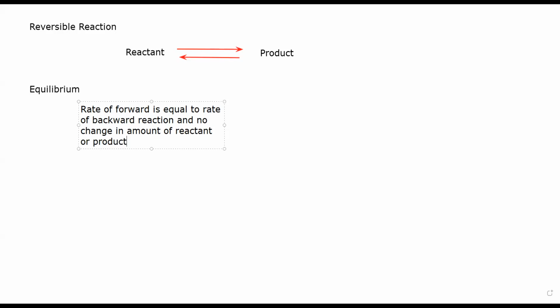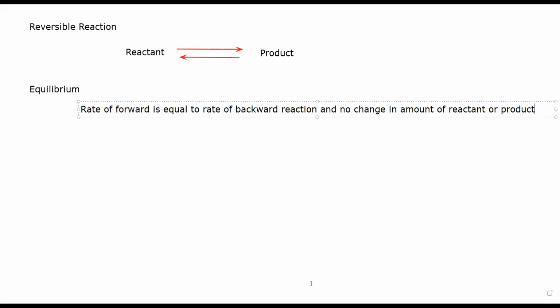So the amount of reactant and product will not change. The speed of the forward and the backward reaction will be the same. This state is defined as equilibrium.